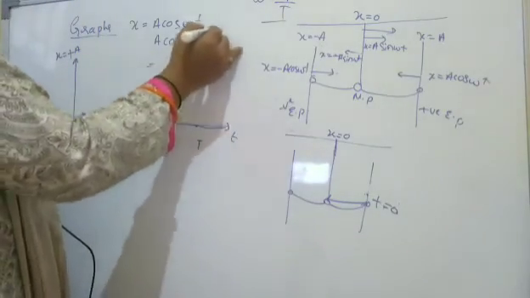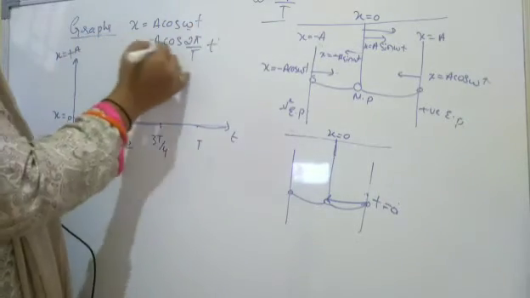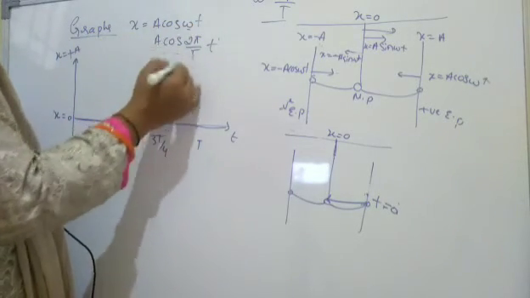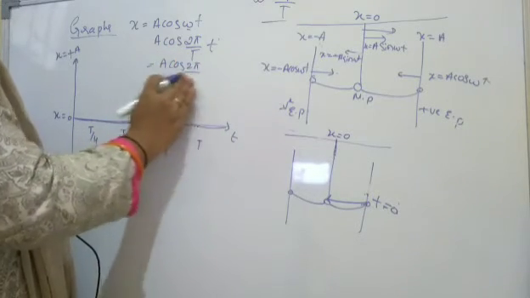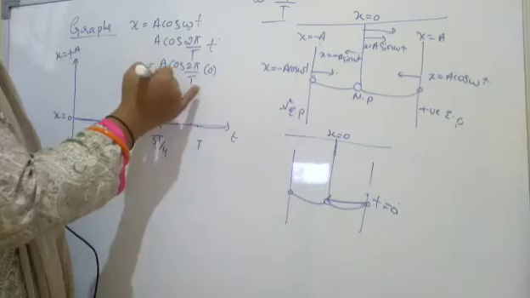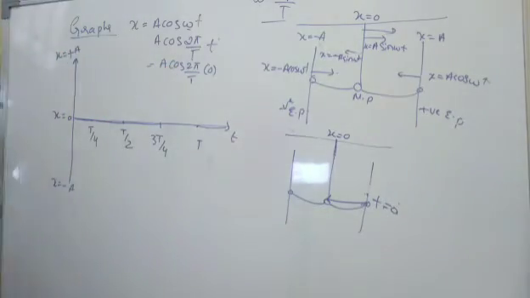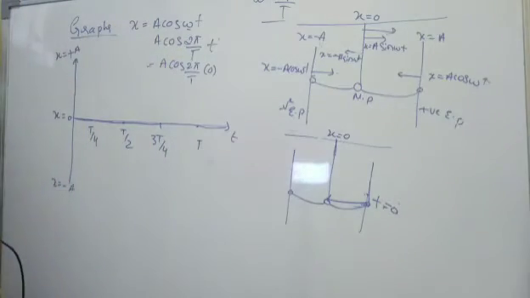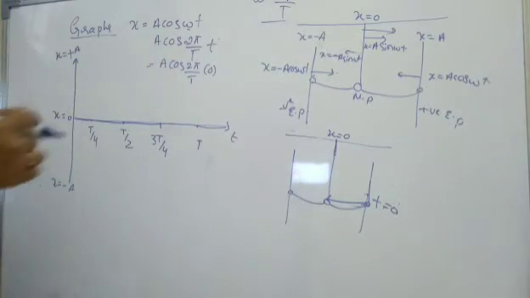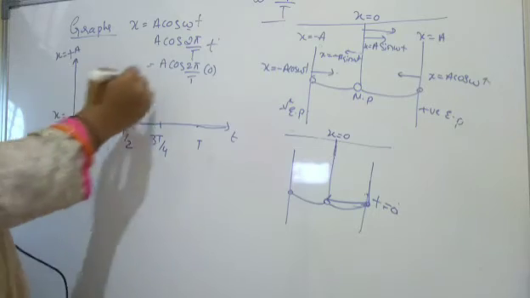So the full thing is 0. Cos 0 is what here? Cos 2 pi by T into 0, it is where the particle is executing this simple harmonic motion, extreme position. Now cos 0 is 1. 1 in the sense what?